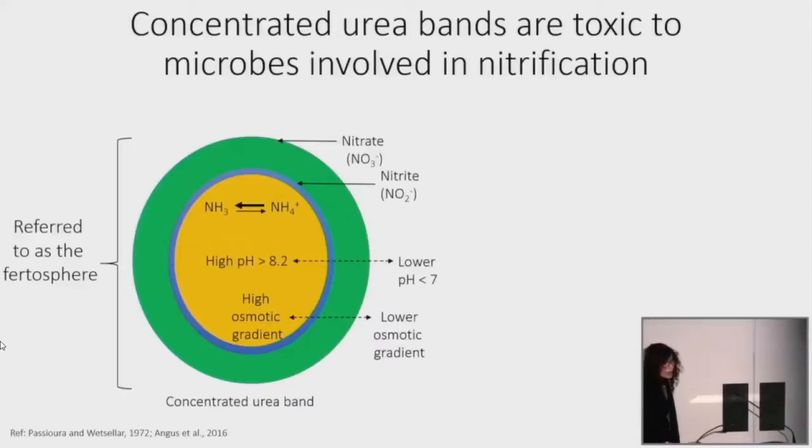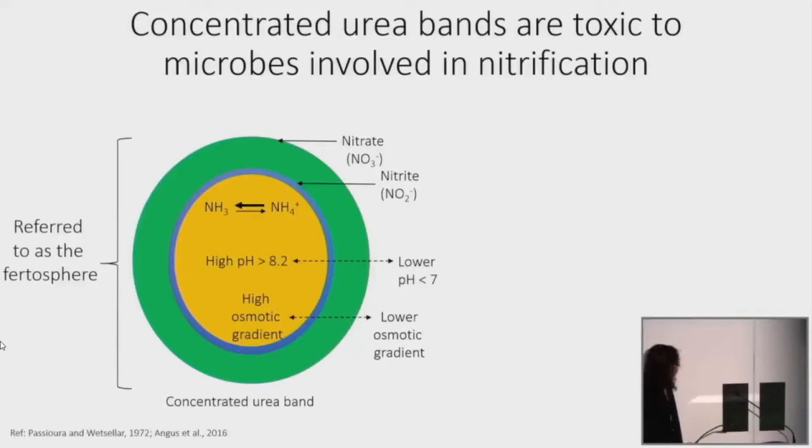I achieved this using concentrated urea bands, which slow nitrification and store a greater proportion of the mineral nitrogen in the ammonium form for longer. This strategy of using concentrated urea bands was based on the research by Passioura and Wetselaar, 1972.